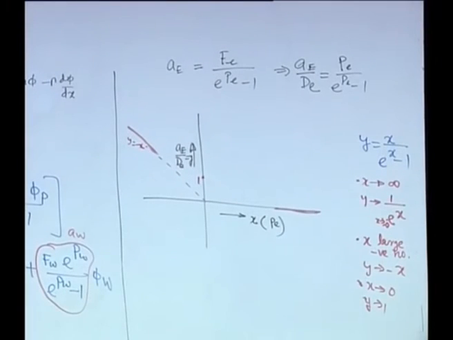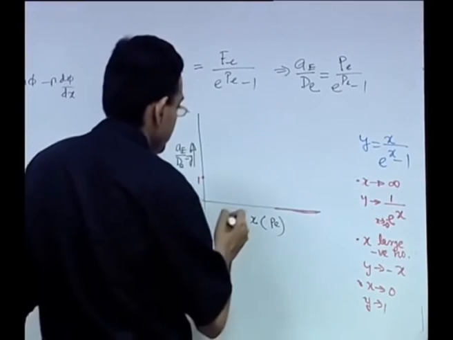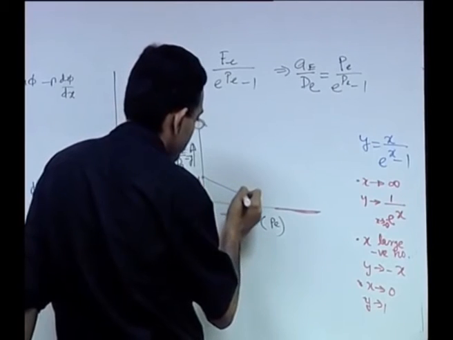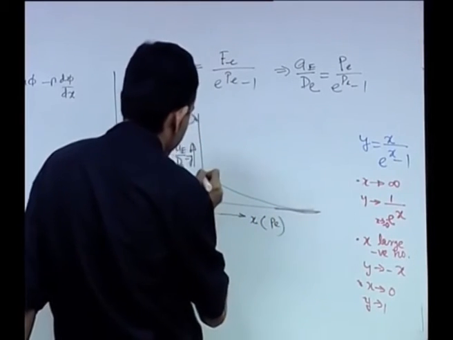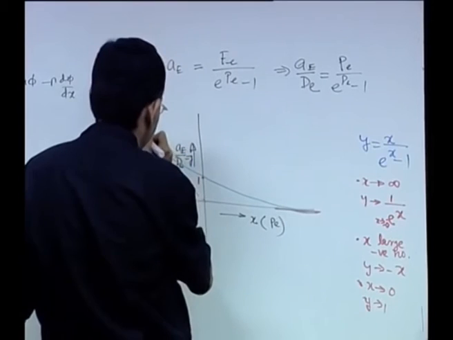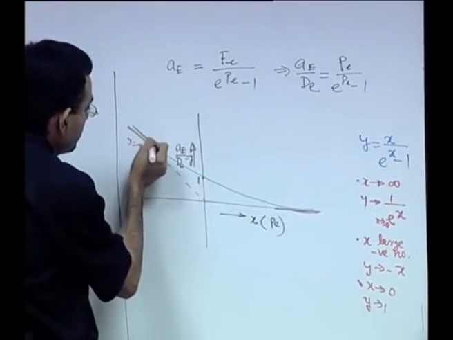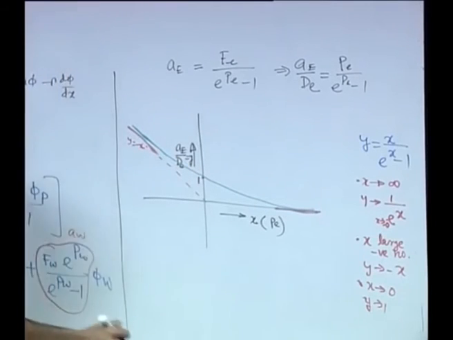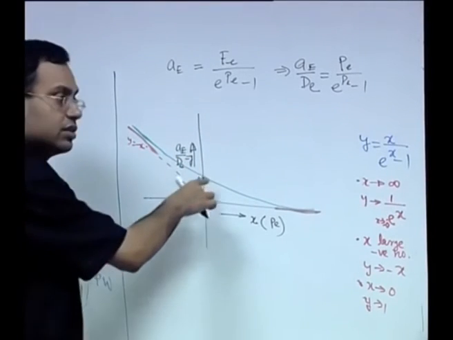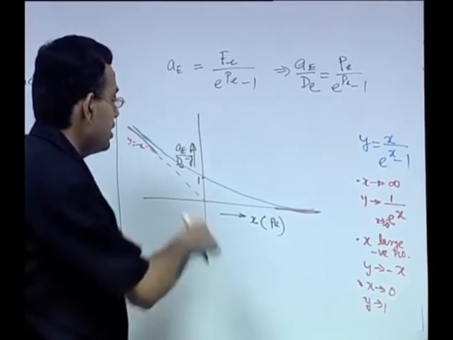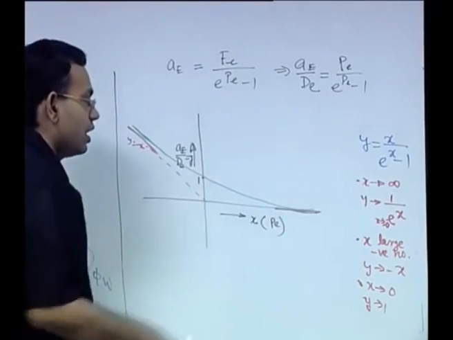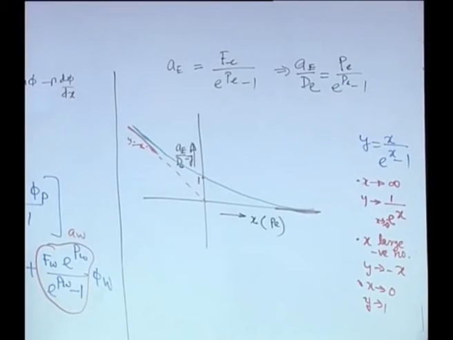So, if you want to make a sketch of the function, it is expected to behave in this way, the green colored line, and these red colored two lines are the two asymptotes, that is tangents to the function at infinity.